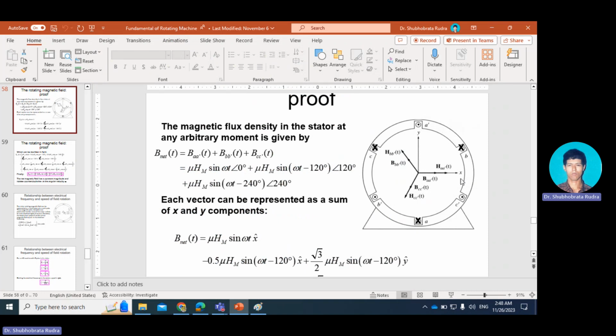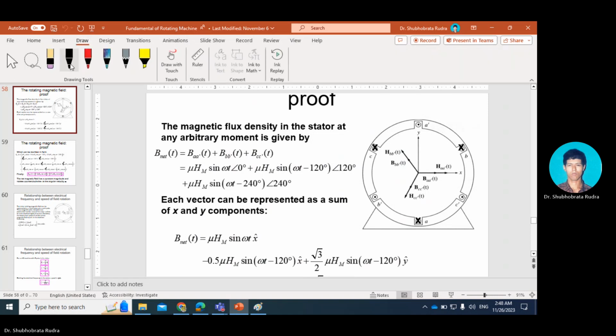See, in this problem, let me tell you a few things. Here, suppose our B phase is completely absent.